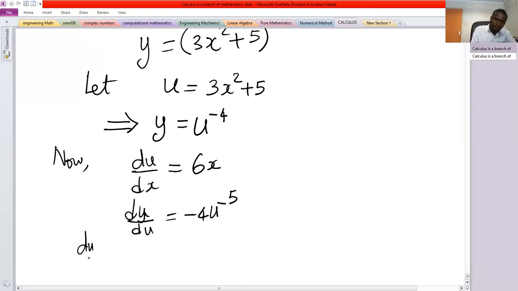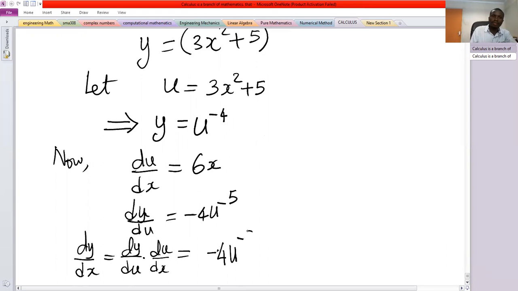So dy dx is dy du times du dx, which will be minus 4 u power minus 5 times 6x, which is minus 24x u raised power minus 5.